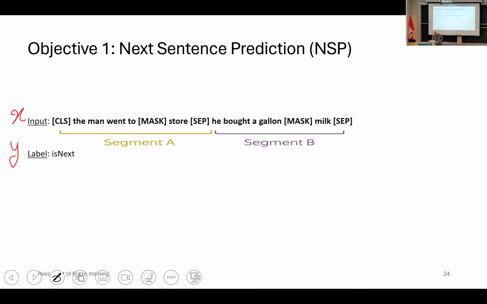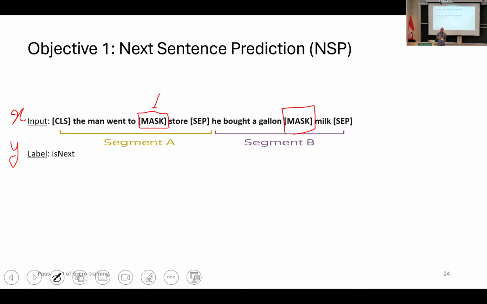And also you can see that there were some words that were masked. So maybe the original sentence was something like, the man went to the store, he bought a gallon of milk. Of course, for us, it's very easy to guess the missing words, but masking them essentially had two different reasons.